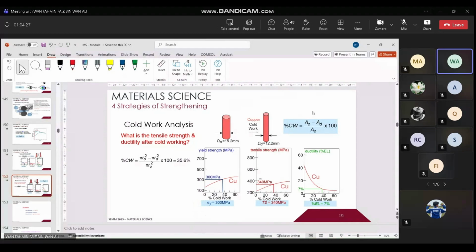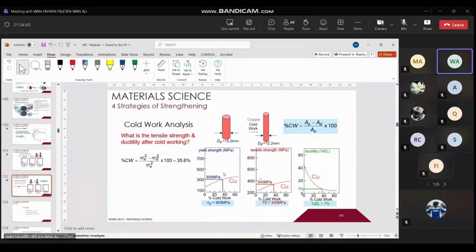So remember how the percentage of cold work is calculated. You know the area of the cylinder is that. So you just use the equation here. You know the radius changes. Then you get 35.6%. So it is 35.6% cold work, by the way.